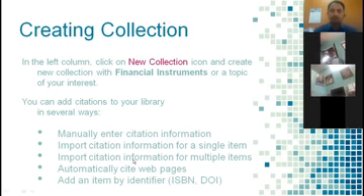Next is automatically citing web pages. And fifth is identifying and adding resources using a unique identifier, that is PubMed ID, digital object identifier, ISBN number, and some other URL.